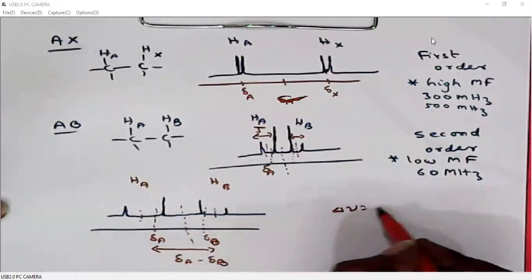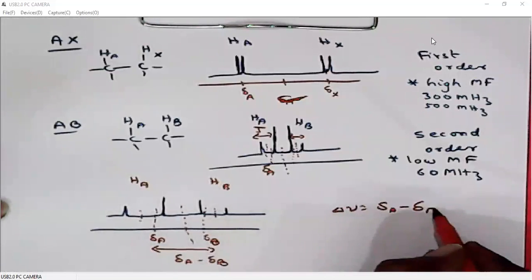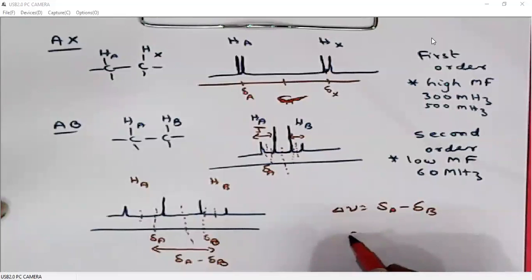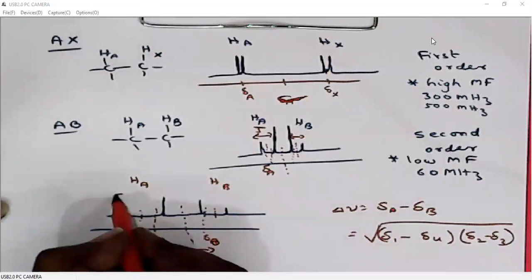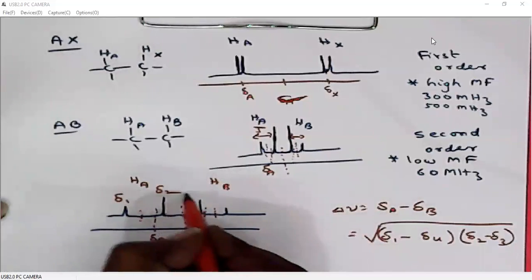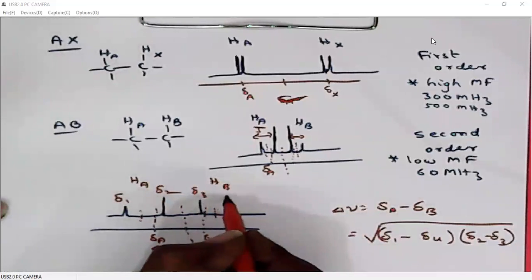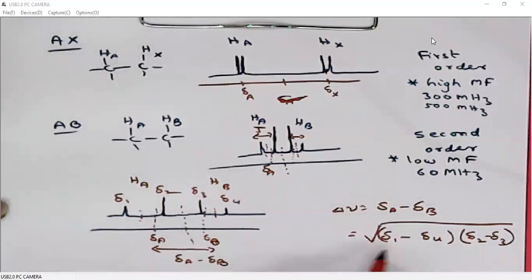The frequency difference, delta A minus delta B, can be obtained by the square root of delta 1 minus delta 4 multiplied by delta 2 minus delta 3. What is delta 1? This is delta 1, delta 2, delta 3, delta 4, the frequency values. So from this formula we will get the delta A minus delta B difference.